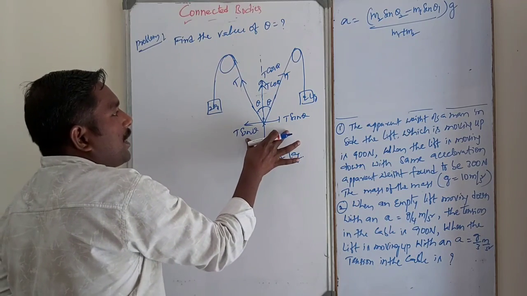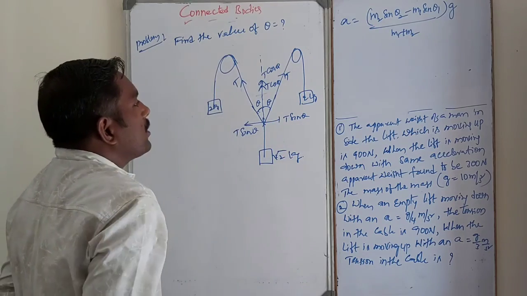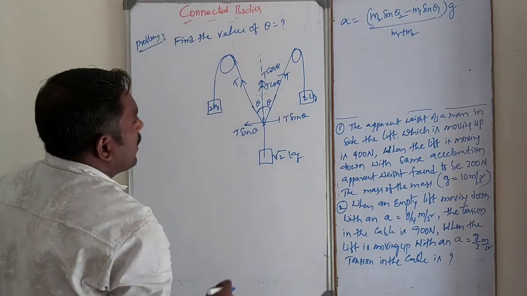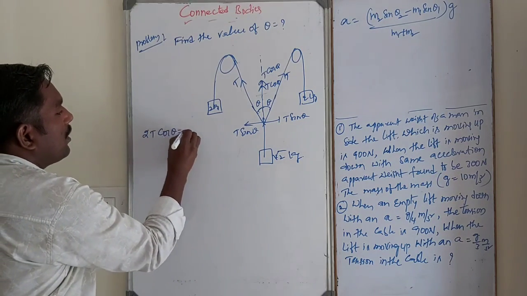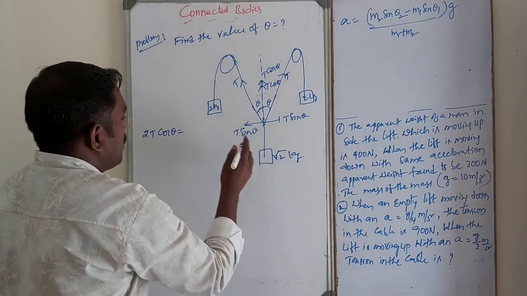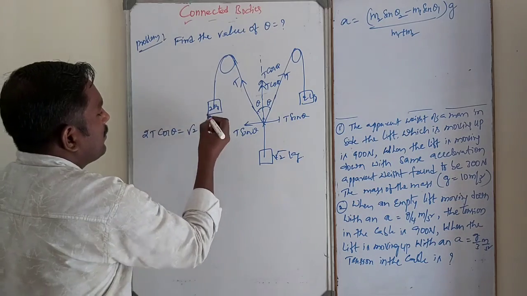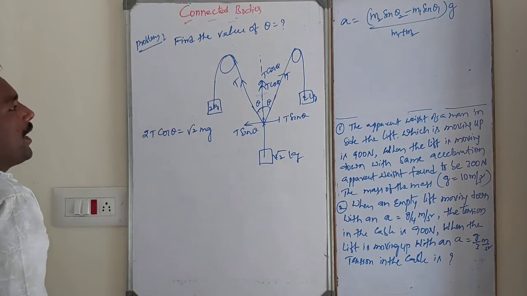T sin theta both are equal in magnitude and opposite direction, they are cancelled out. T cos theta, same in direction, so they can be added. So ultimately 2T cos theta is equal to weight, that is root 2 mg.